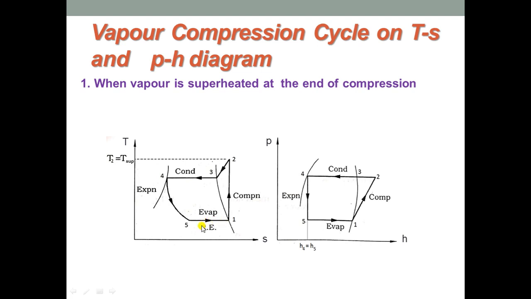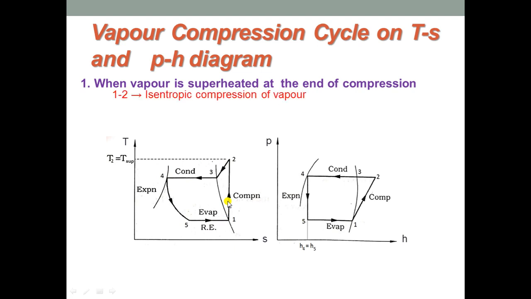The low temperature refrigerant absorbs heat from the cabinet and evaporates at constant pressure up to point 1, and the cycle is completed. The vapor refrigerant now enters the compressor and the cycle repeats.